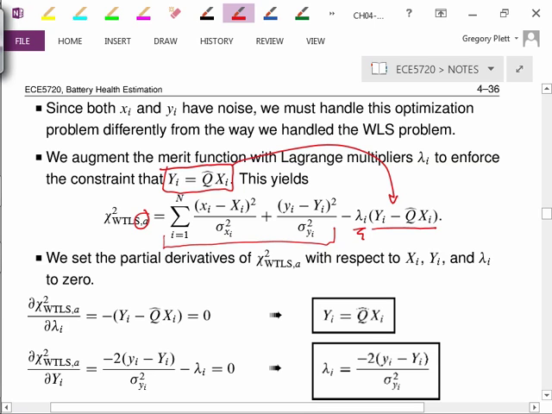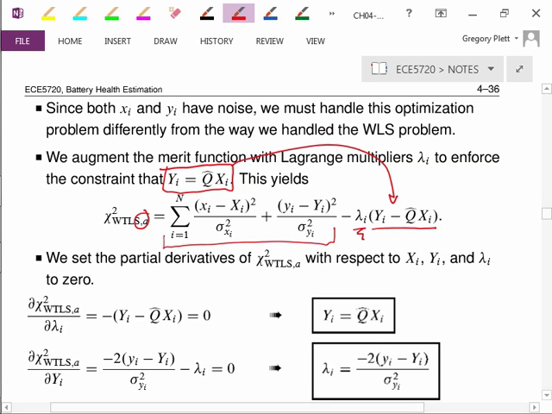In order to optimize a cost function, what we're going to do is take partial derivatives of the cost function with respect to the unknown variables in it. Not q yet, q comes later, but we're going to take derivatives with respect to the capital X, capital Y, and lambda, and set those derivatives equal to 0.